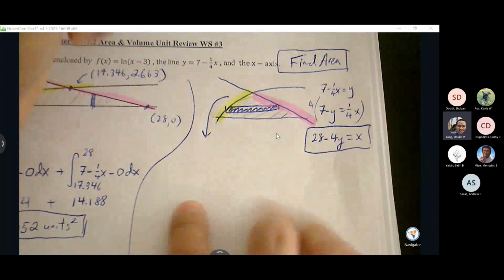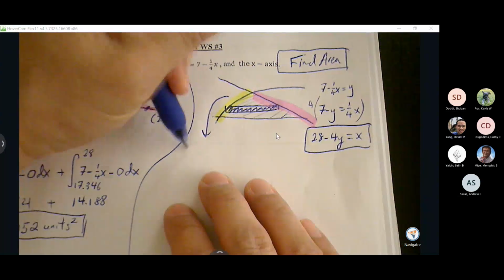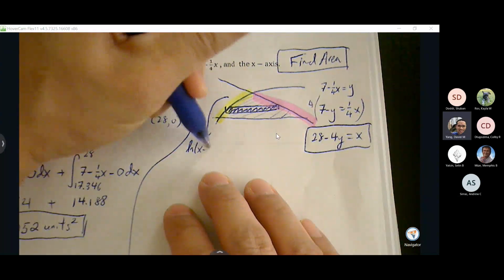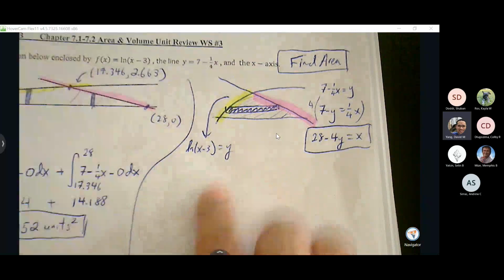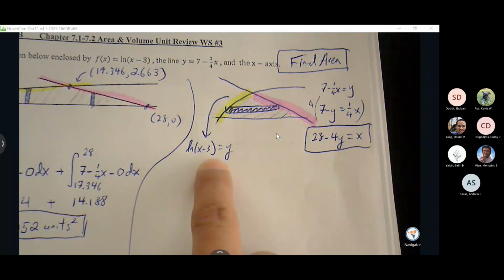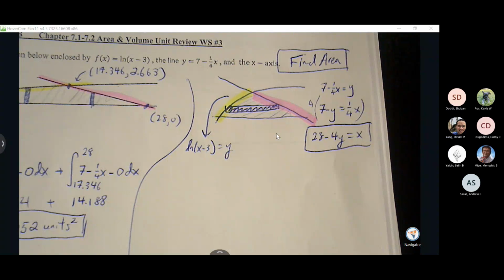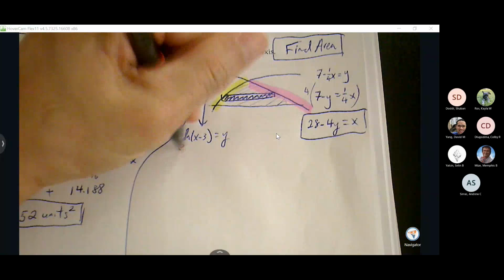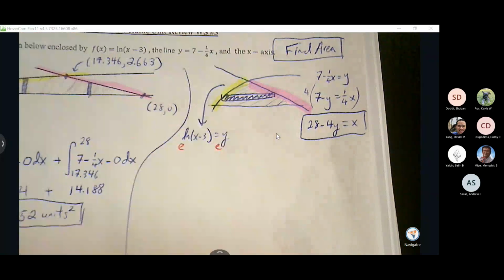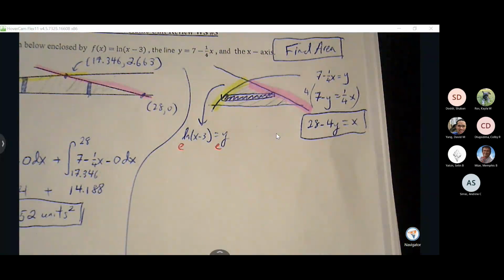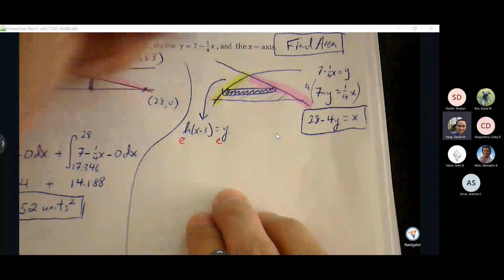For the curve, my equation is natural log of x minus 3 is equal to y. But the variable is not solved for the correct variable here. So we're going to raise both sides with e as the base. The e and natural log go away.